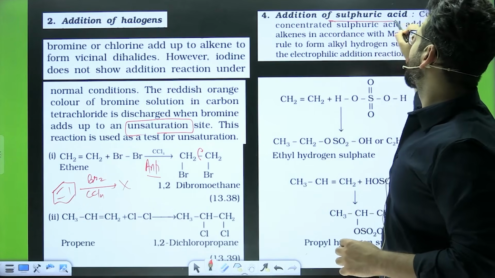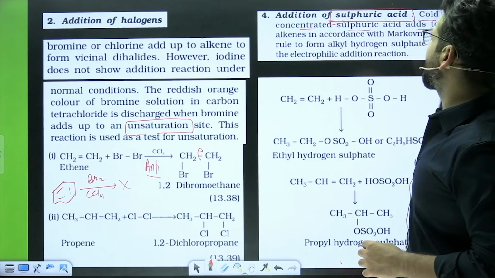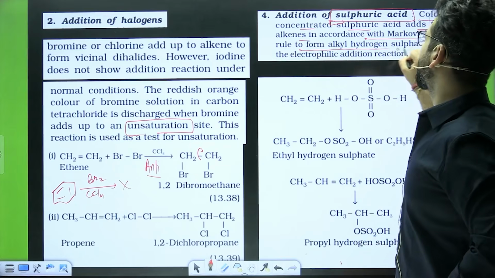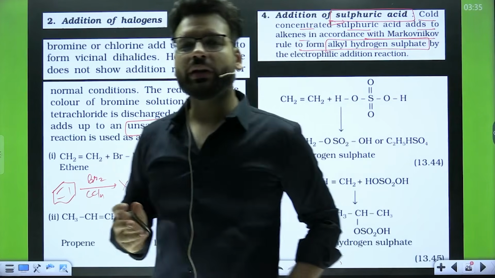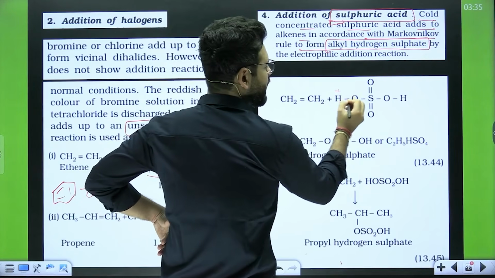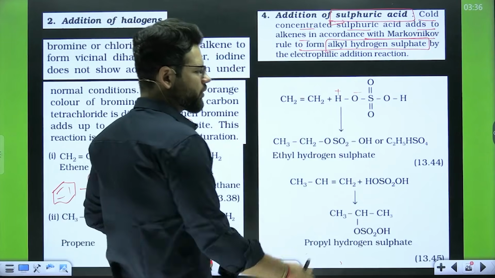Next is addition of cold sulfuric acid. Cold concentrated sulfuric acid adds to alkenes in accordance with Markovnikov rule to form alkyl hydrogen sulfate. So when you take cold concentrated sulfuric acid, H plus and HSO4 minus will add by Markovnikov rule.